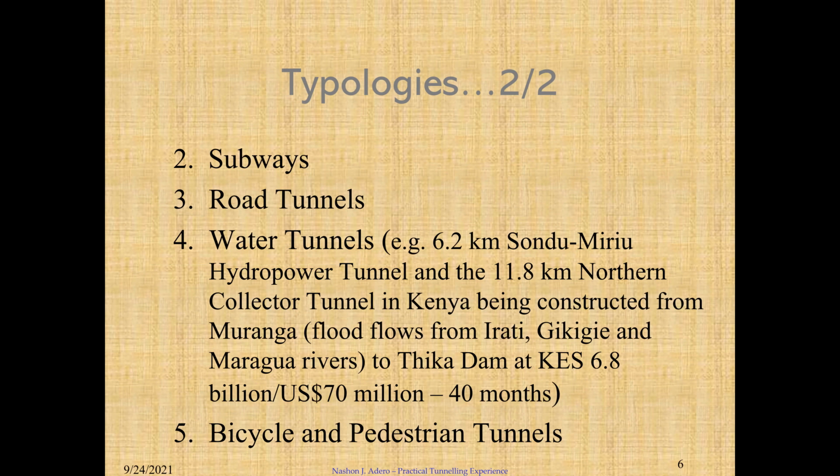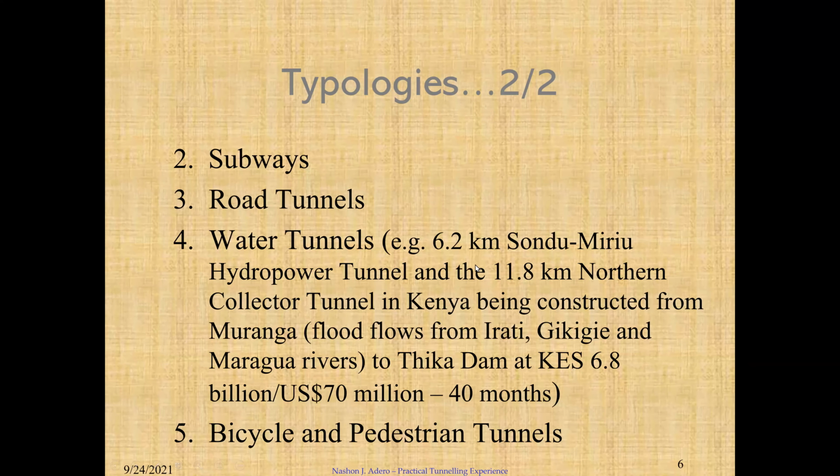So we have tunnels that we can refer to as subways. We have road tunnels and we have water tunnels. So the Arvey tunnel is classified under water tunnel. It was, according to the design, I can remember, 6.194 kilometers long.